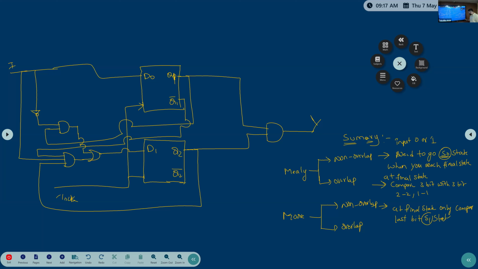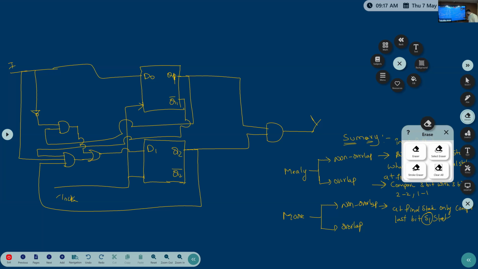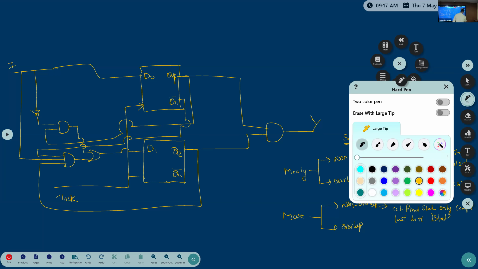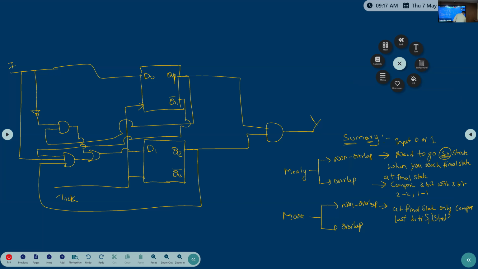This is the S1 state. So here same, at the final state, compare 3 bits with 3 bits, 2 bits with 2 bits, 1 bit with 1 bit. Clear? So this is the final state diagram.